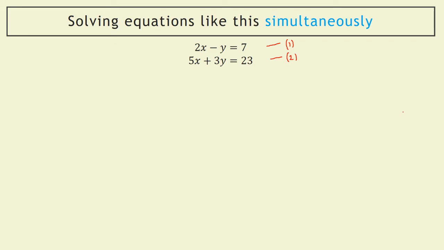Can you see from that first equation what y would be equal to if we were to rearrange it? Remember, when something goes on the other side, it becomes the minus of what it was. Can anyone tell me what y might be equal to?